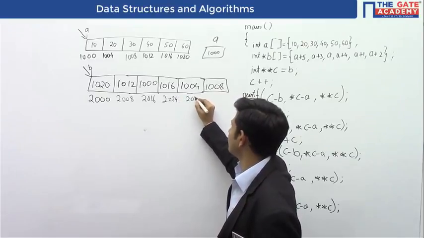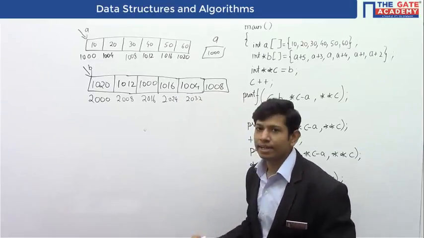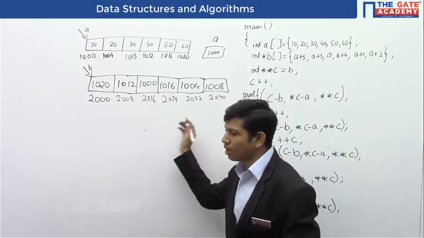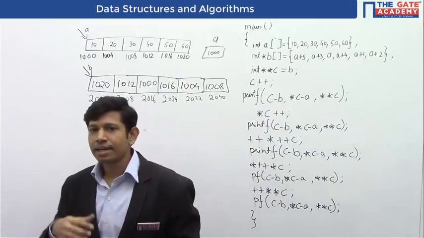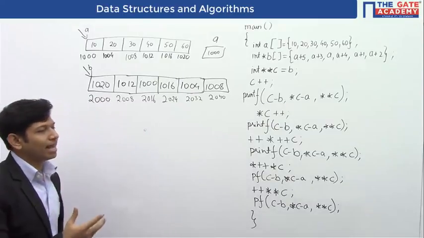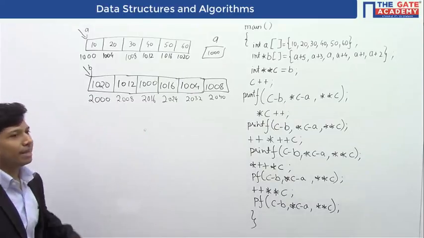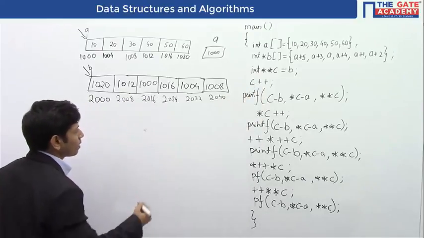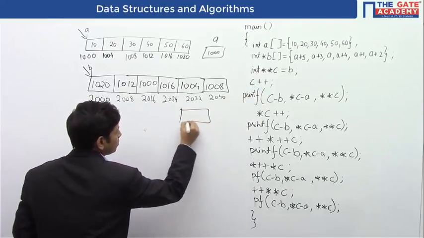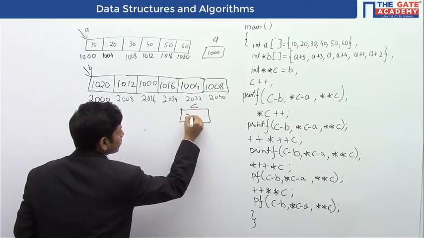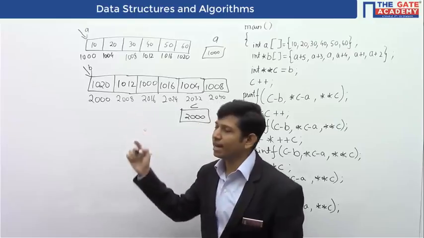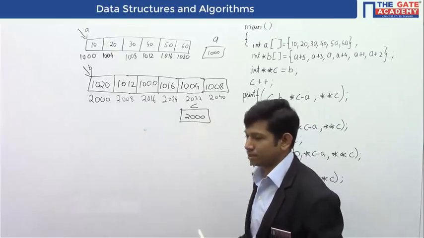Next 2032. And finally 2040. So this is how array B would be allocated. Once array B has been allocated, we know the base address, we can assign that to variable C. So the variable C stores the base address of the given array, which is 2000.